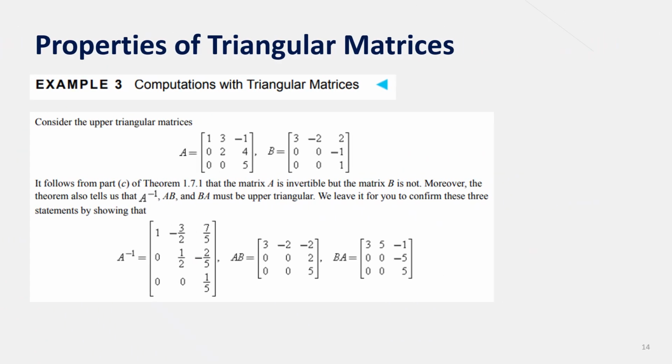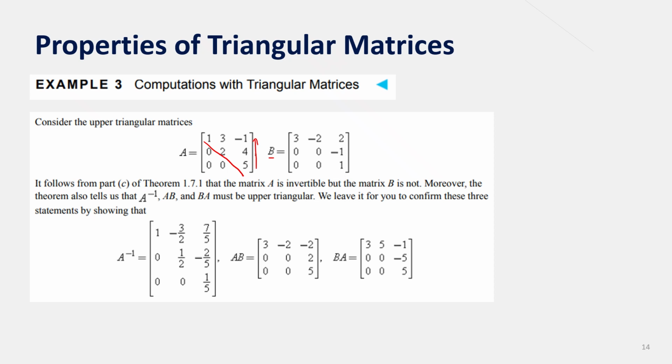In this slide, we include examples and demonstrations of the properties that we discussed earlier. For example, here we have a matrix A, an upper triangular matrix, which is invertible since all the diagonal values are non-zero.